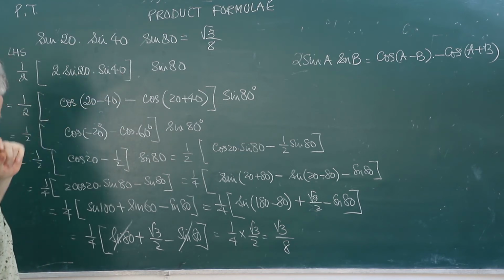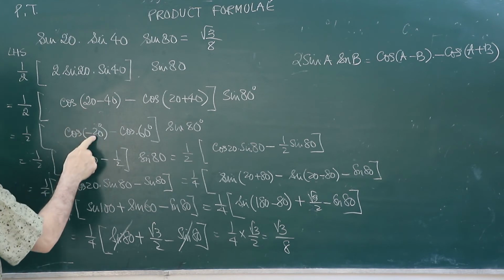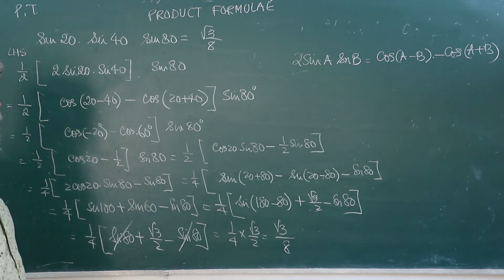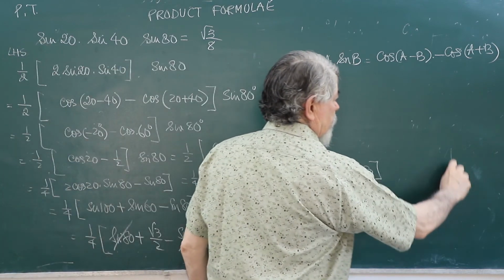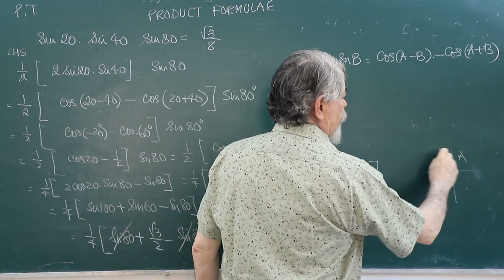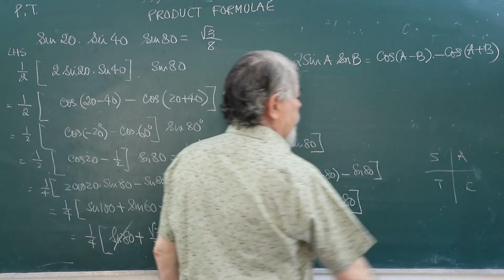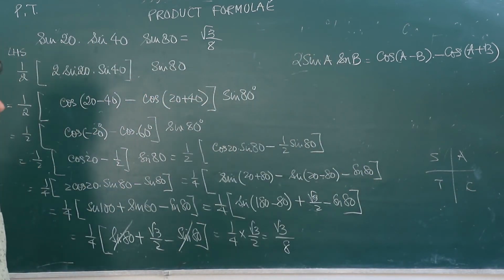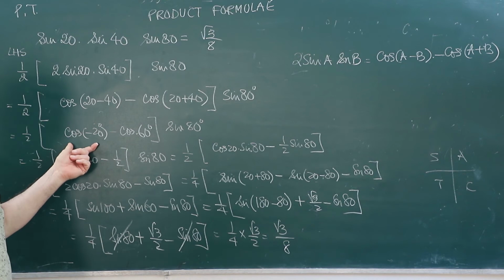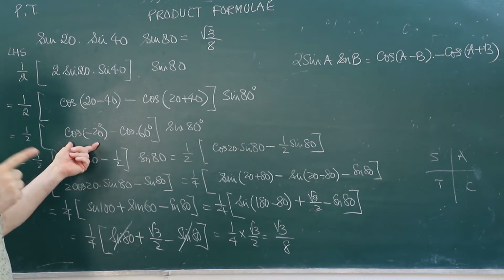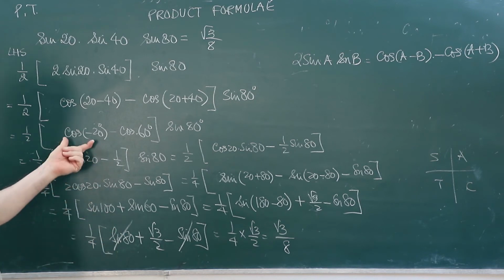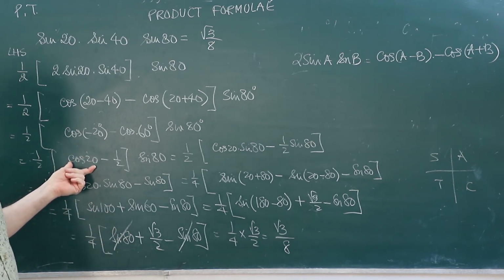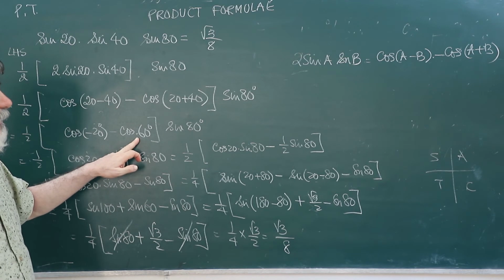Cos (20 minus 40) will be cos minus 20, which falls in the fourth quadrant (add sugar to coffee), where cos minus theta is cos theta. So cos minus 20 becomes cos 20 minus cos 60.